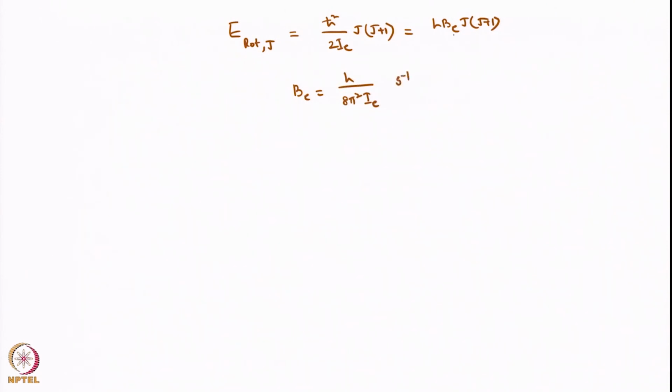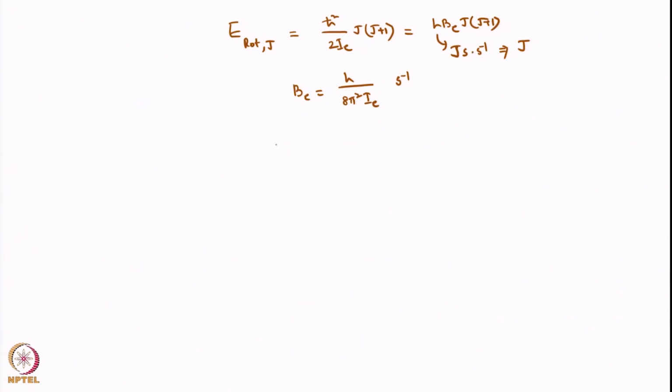You see, energy is in joules and h is in joule second, and j's are just quantum numbers. So this must be joule second, and has to be multiplied by second inverse, and so this should give me joules. Okay. So, B_e has units of second inverse.